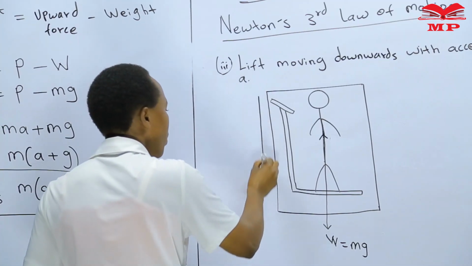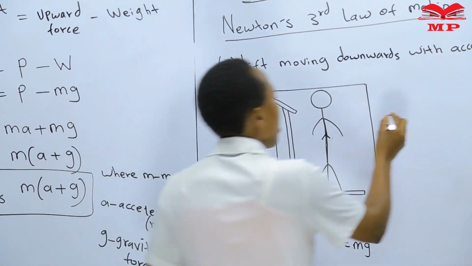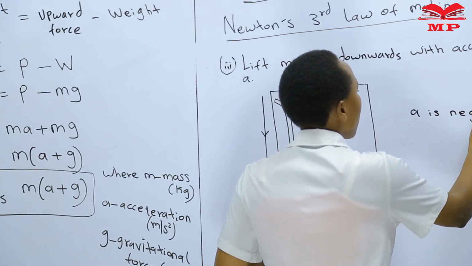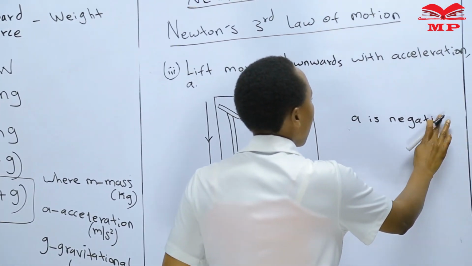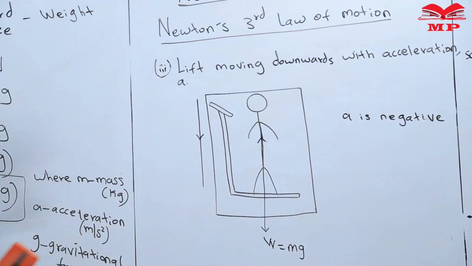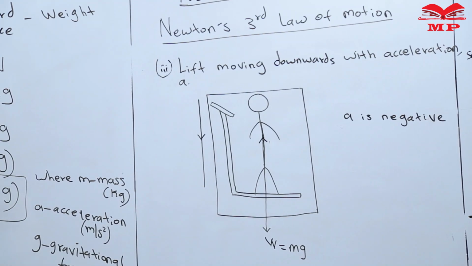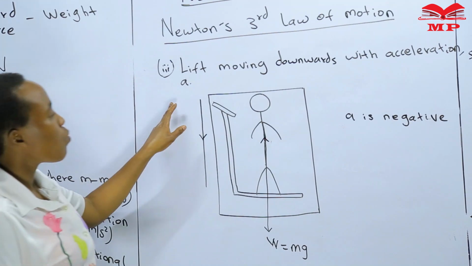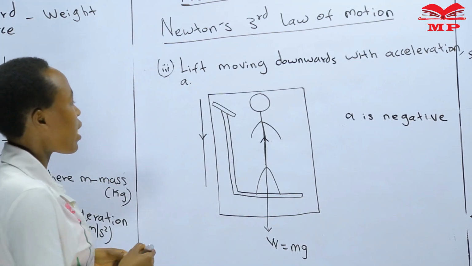So the lift is moving downwards, and therefore our acceleration is negative. We want also to obtain the formula that we are going to use to get the reading on the scale for a lift moving downwards with an acceleration a.